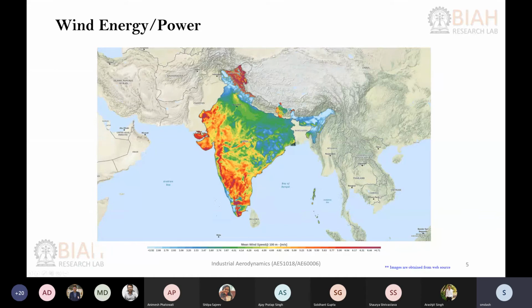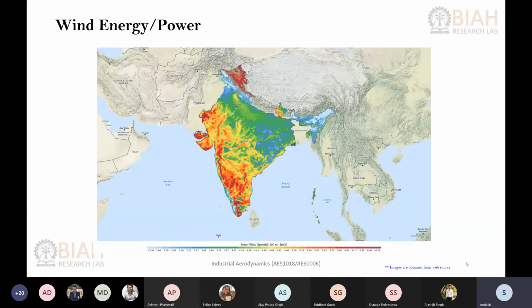When we talk about India, this is the wind map on an average yearly basis. You can see that India receives a significant amount of wind on its western or southwest coastal region. A lot of wind power plants are installed in this region, like Tamil Nadu, Maharashtra, Gujarat, where a lot of wind turbines are installed.